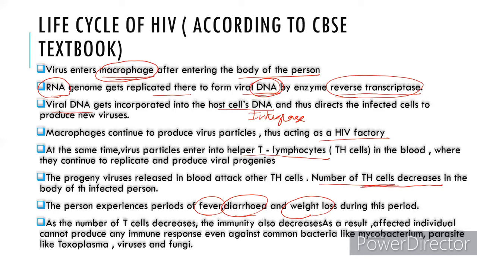So if the number of T cells decreases, the immunity also decreases, and as a result, the affected individual will have a very weak immune system and will not be able to mount an immune response against common diseases, common bacteria like mycobacterium, parasites like toxoplasma, and fungi. So they're exposed to common diseases such as common cold, typhoid, pneumonia, and all of that.